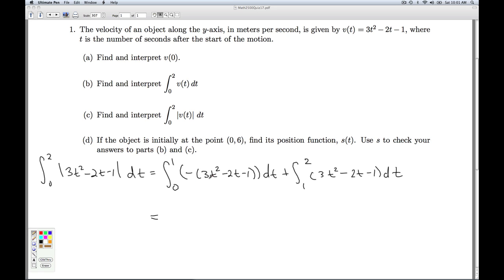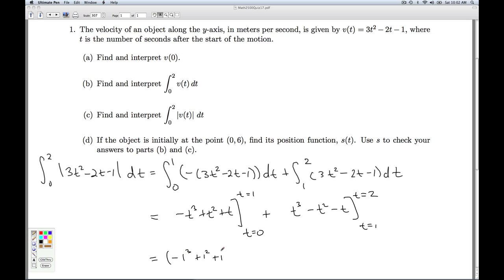I'll get minus t cubed plus t squared plus t, evaluated from t equals 0 to t equals 1, plus, and then this is the same integrand I had before, so my antiderivative is the same, t cubed minus t squared minus t, from t equals 1 to t equals 2. I substitute this in. When I plug in t equals 1, I get negative 1 cubed plus 1 squared plus 1, minus negative 0 cubed plus 0 squared plus 0.